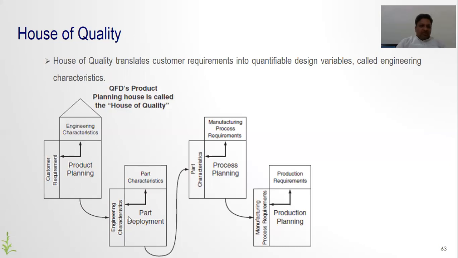Then it goes here: part characteristics and engineering characteristics, part deployment. Then part characteristics and manufacturing process requirements, EQFD3, process planning. Then EQFD4, production requirements versus manufacturing process requirements, where production planning happens.